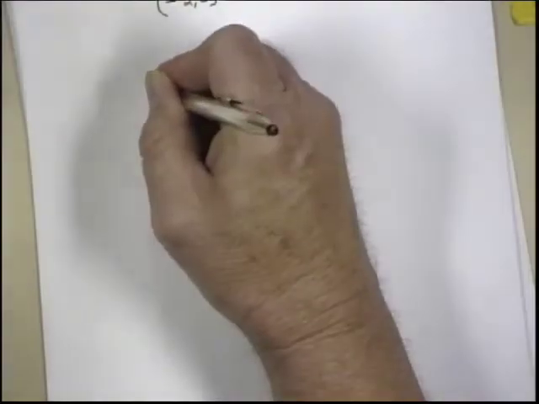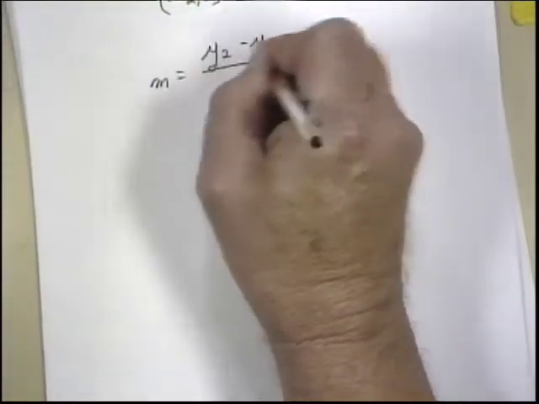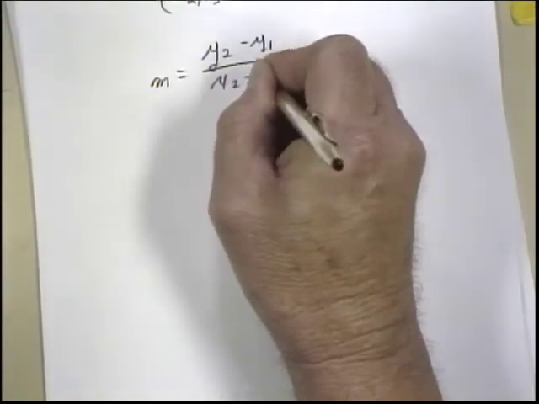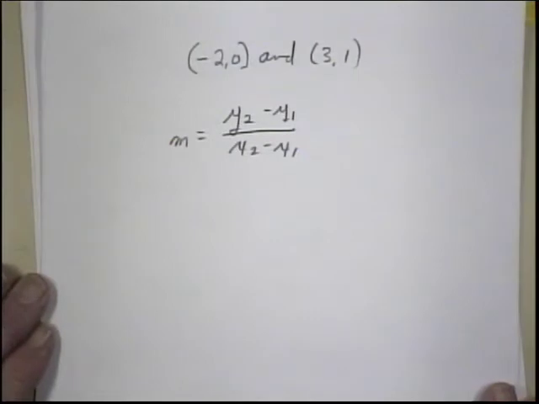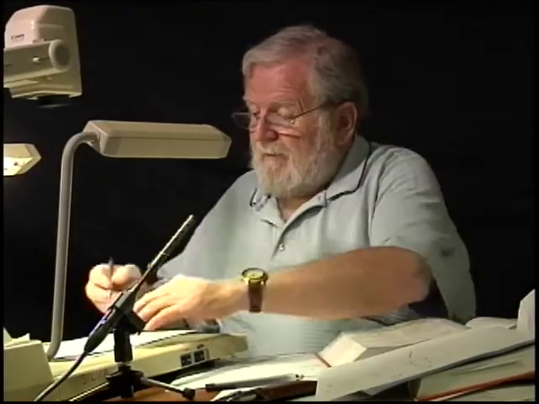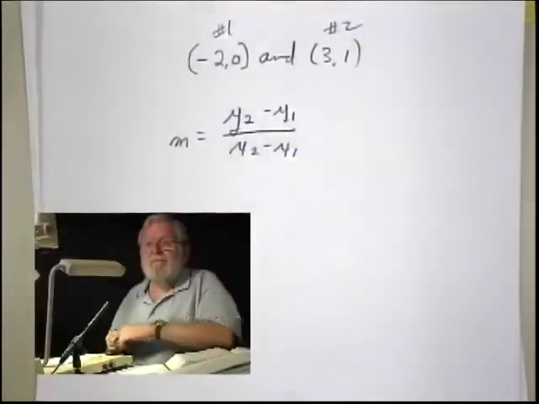And we said the slope is going to equal y sub 2 minus y sub 1 over x sub 2 minus x sub 1. It doesn't matter which point is number 1 and which point is number 2. We'll call this number 1 and this number 2.